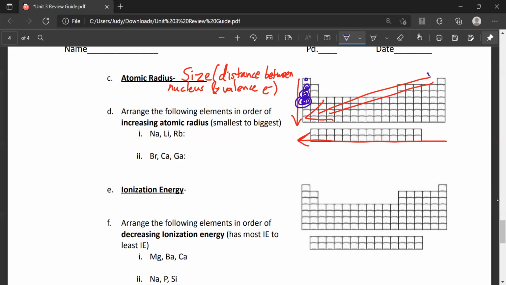But if we have 7 valence electrons on the right and 1 valence electron on the left, the one with the 7 would most likely get closer to the nucleus because there are more electrons. So that means the size will get smaller. In reverse, the one with 1 valence electron will become larger than the one with 7. So that is the reason why this trend is correct.